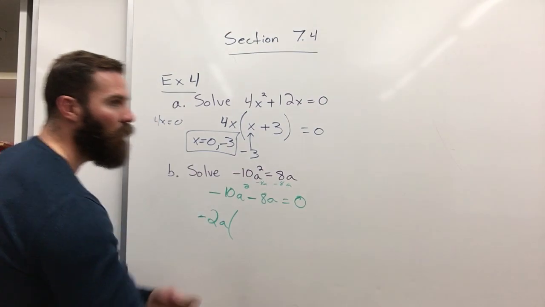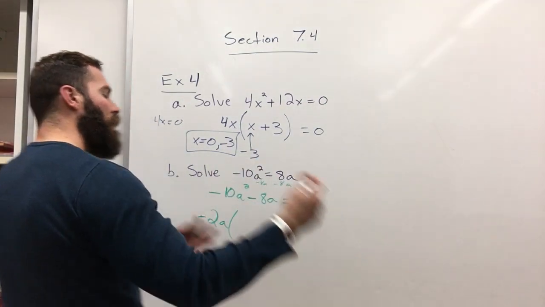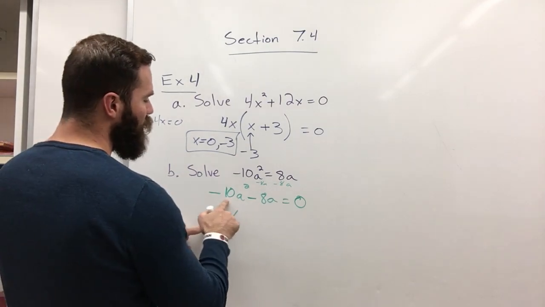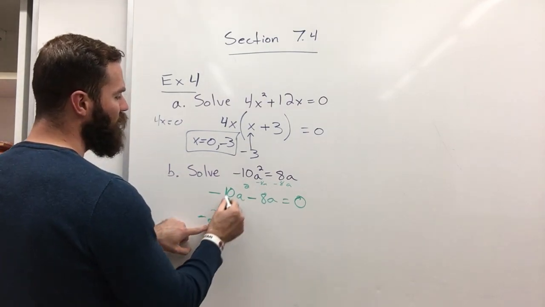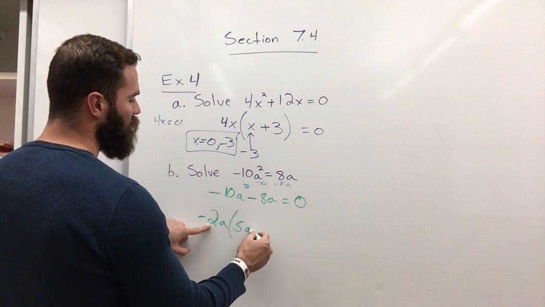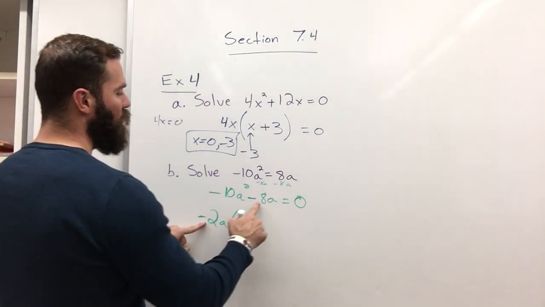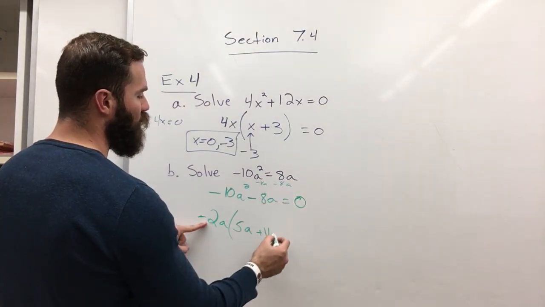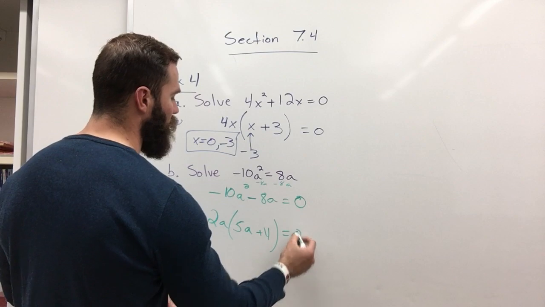So I factored out a negative 2a. Negative 2a goes into negative 10a squared. Well, negative 2 into negative 10 is 5 times, and a into a squared is just a. Negative 2 into negative 8 is 4 times, and a to a is 1, which I don't need to include.